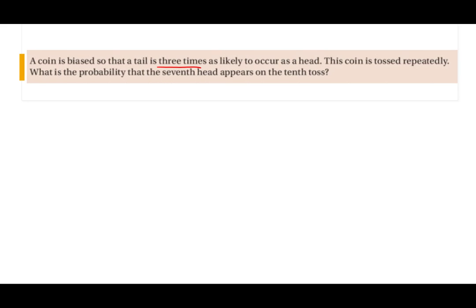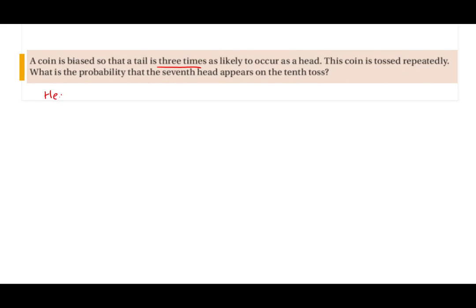So for any trial, in this case, let the probability of a head be X, because I don't know. A coin is biased so the tail is 3 times as likely to occur as a head.